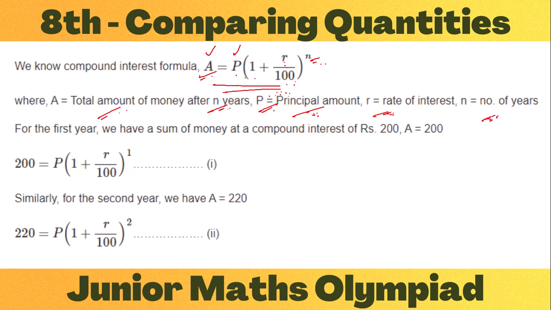For how many years they are calculating the interest, that stands for N. So this is the formula for compound interest.